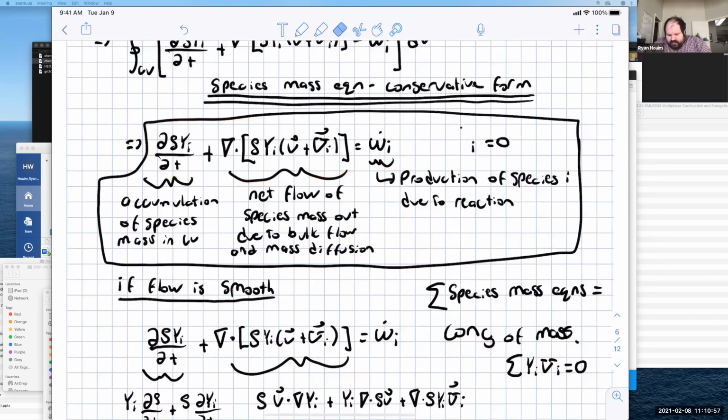So that leaves a question then. If you have n species, and if you add up all the species mass equations, you have an extra equation. You have conservation of mass, and if you have, say, 10 species, you have 10 species mass equations. So, in other words, you have an extra equation because at least one of them is linearly dependent.